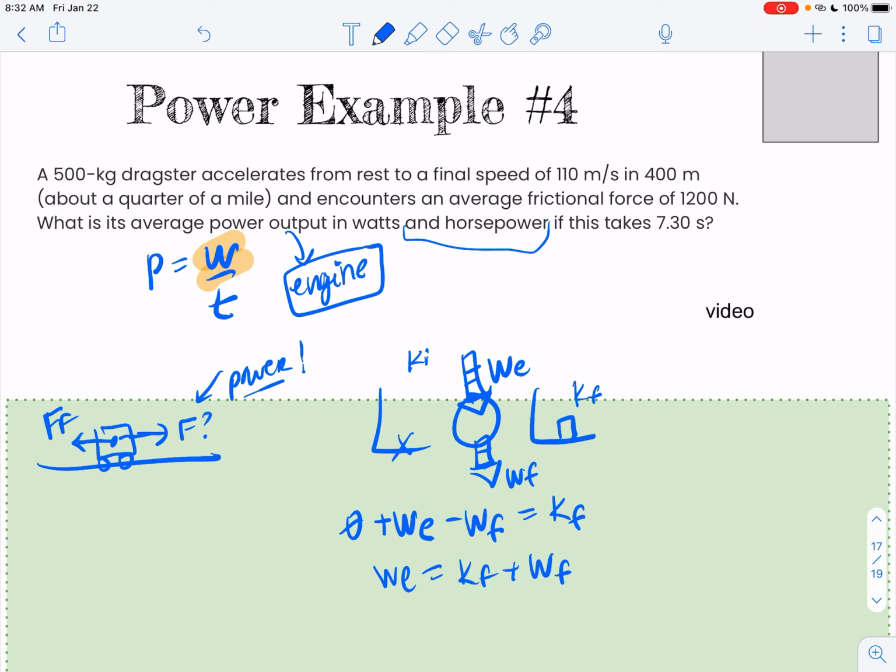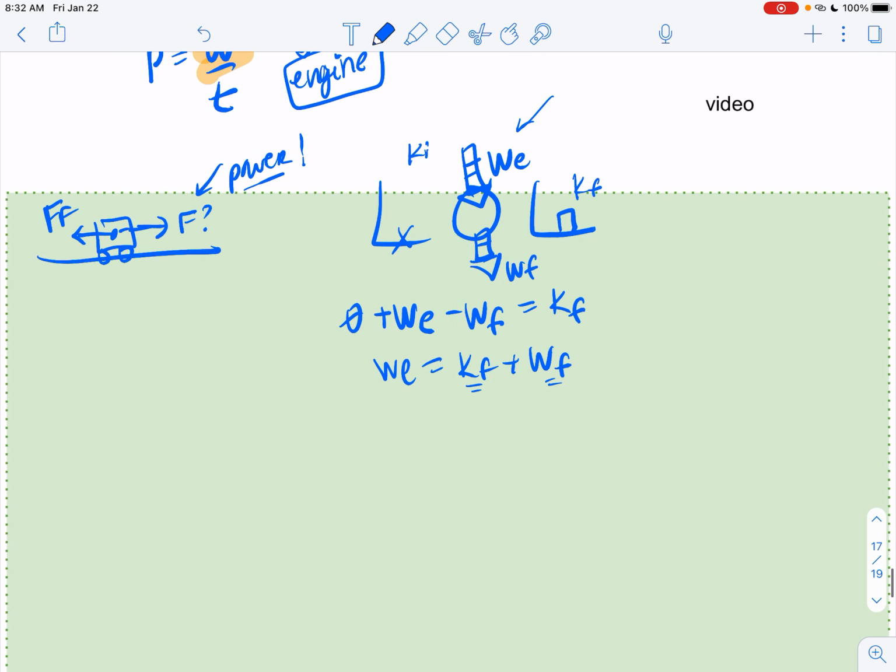That's how much it has to provide. The engine has to provide enough to make it fast and overcome the friction. So we'll have 1/2 mv squared plus force of friction times that distance.